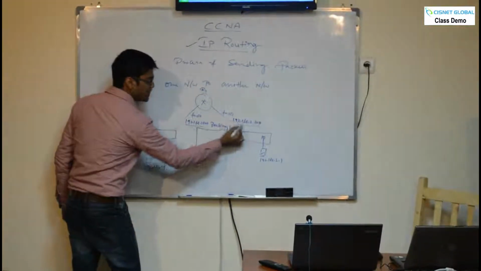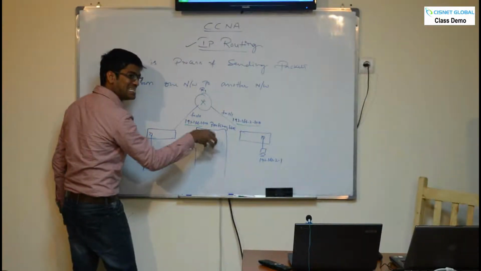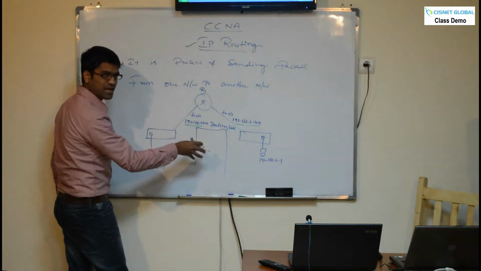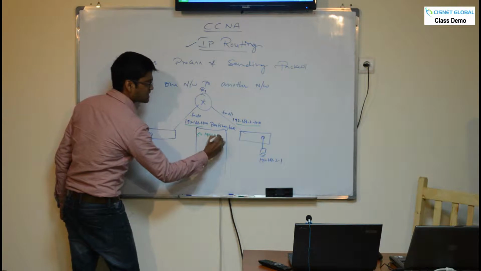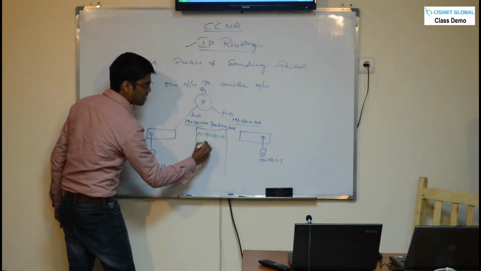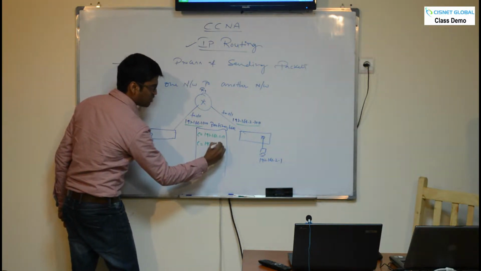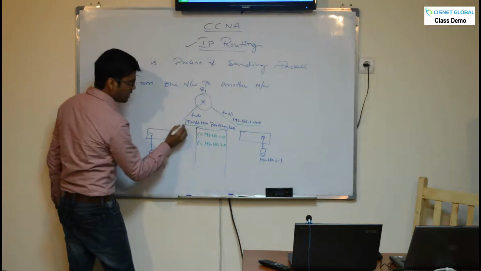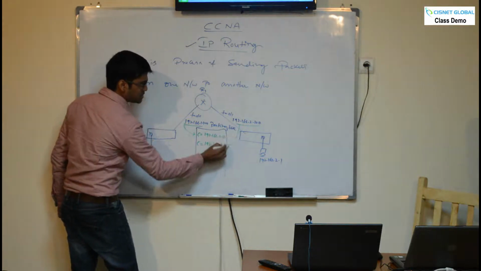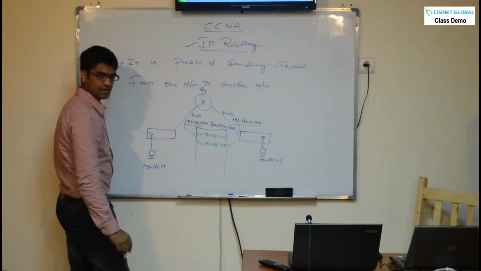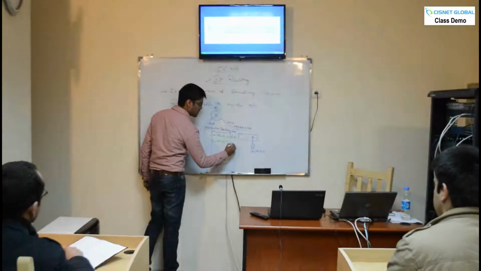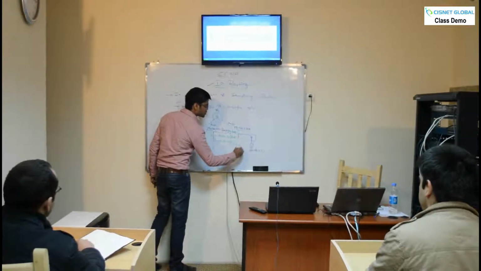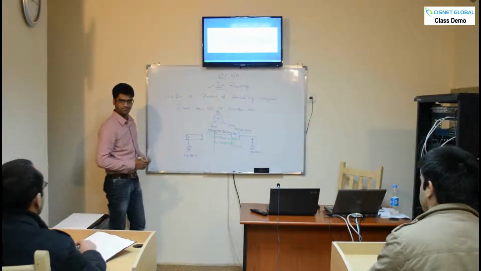These two networks' information is kept in this database. For example, I have the 192.168.1.0 network connected, and one more, 192.168.2.0. 1.0 is this, 2.0 is this. Now 1.0 is connected on FastEthernet 0/0 and this is connected on FastEthernet 0/1.